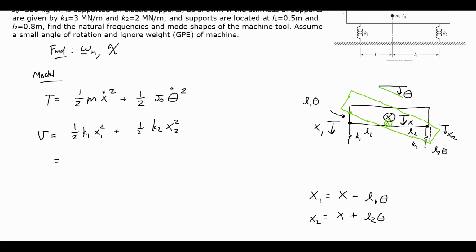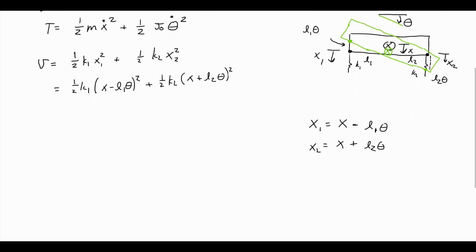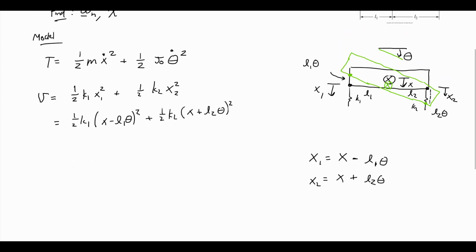Now I'm going to be able to rewrite V in terms of my x and theta only. So x minus L1 theta squared, and rewrite x2 as x plus L2 theta quantity squared. Now, T is in terms of just x and theta or derivatives, and V is in terms of x and theta.